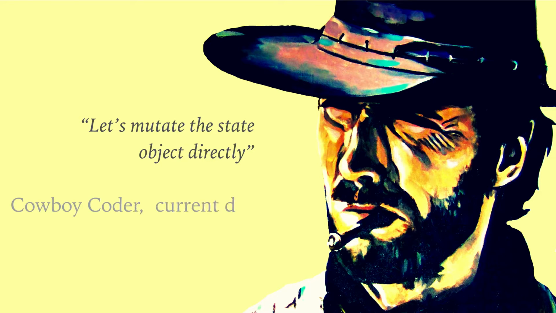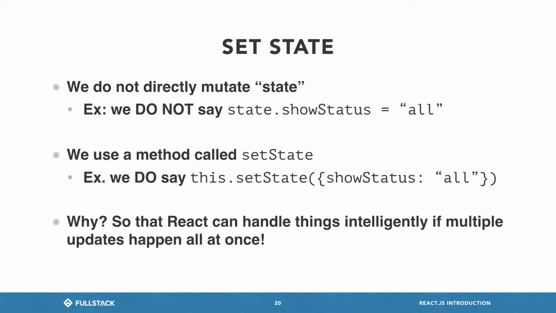So, back to our cowboy coder. Well, we can just change that object whenever we want, however we want. Still wrong. We do not want to directly mutate the state that our React application is pulling from. In fact, we are going to use a method that React gives us called setState.